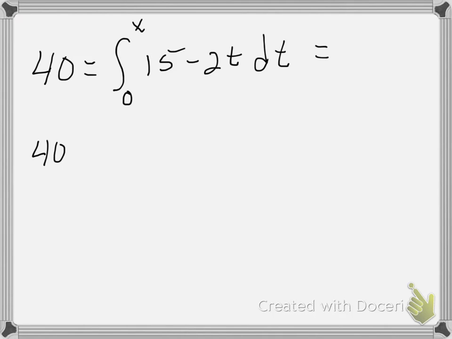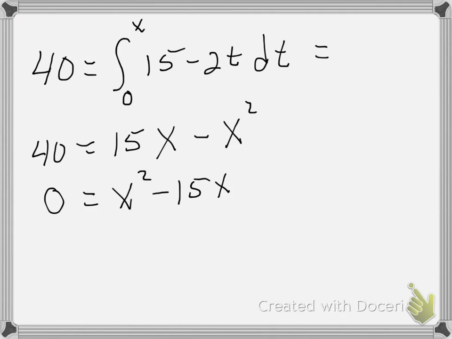So 40 is going to equal 15x minus x squared, right? We get the same integral, substitute in x instead of a number, and I get that. Well, this is going to tell me that 0 equals x squared minus 15x plus 40. That thing doesn't factor nicely at all.